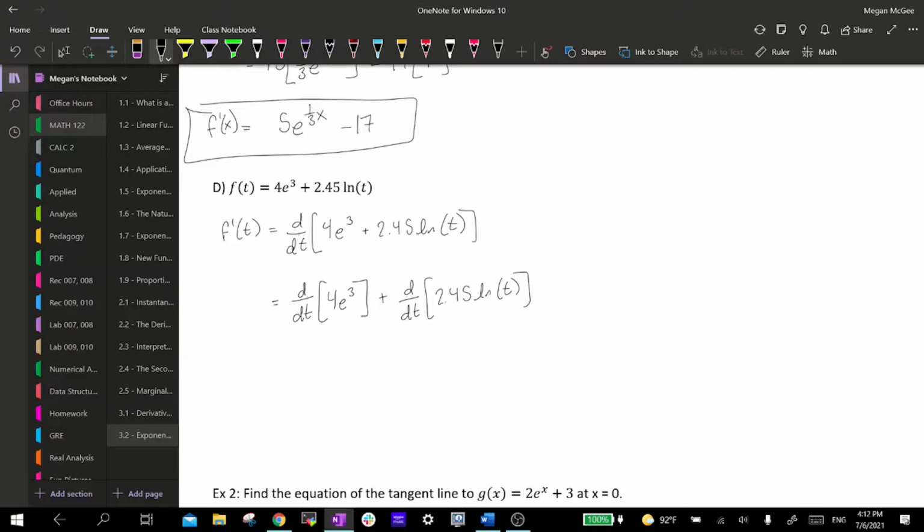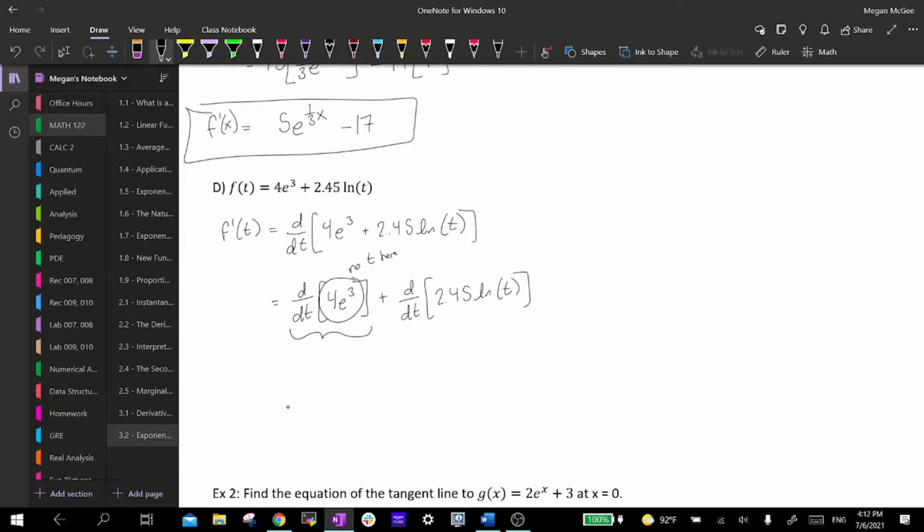Alright, so we might start right in with the constant multiple rule. But what do we notice about our first term? We're taking the derivative with respect to t of 4e cubed, which has nothing to do with t, does it? There is no t involved. No t here.